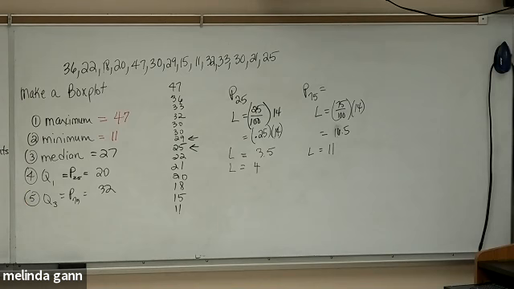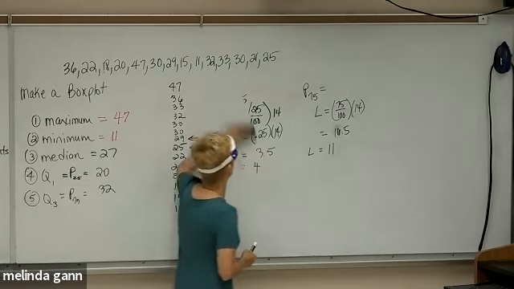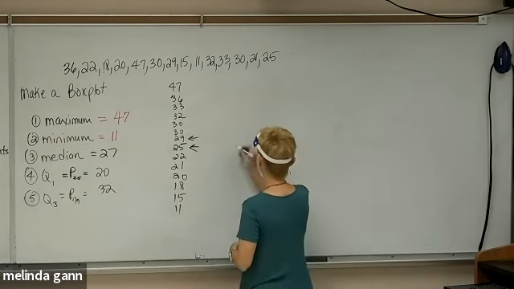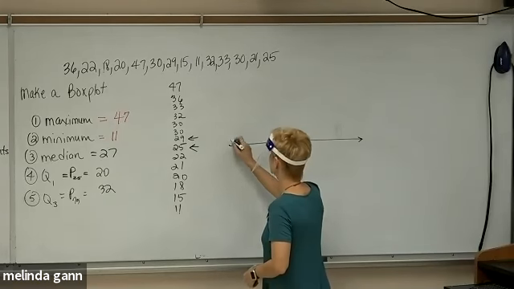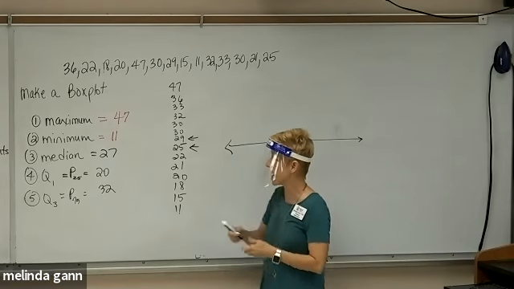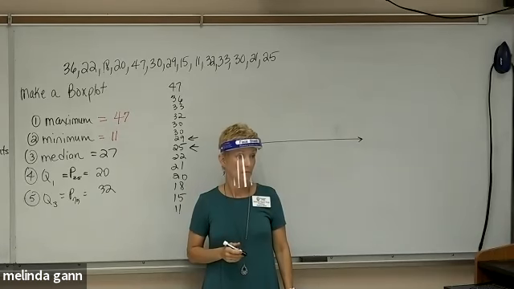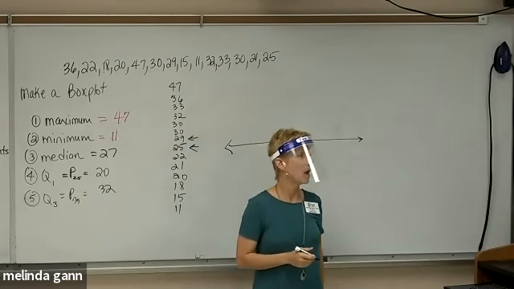I've got my 5 numbers. What am I going to do with those 5 numbers? I'm going to put them on a number line, am I not? Now, if it's a number line, everything's got to be equally distant. In other words, I've at least got to go from 11 to 47. Now, you don't necessarily have to start with 0.